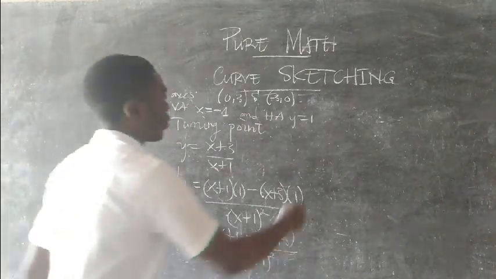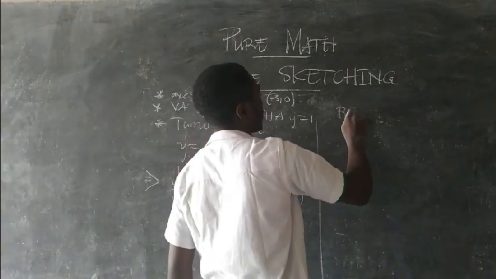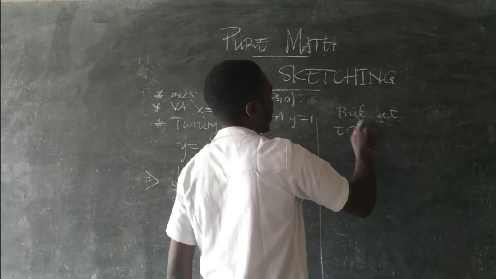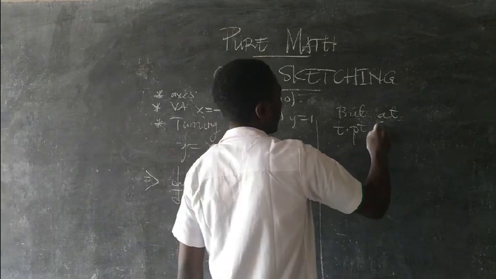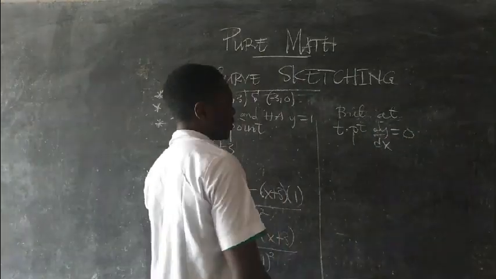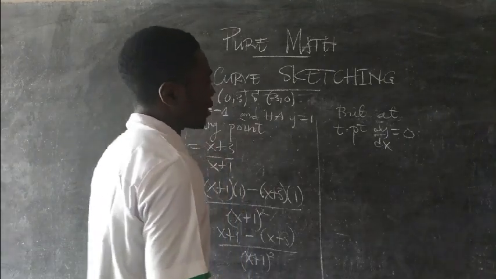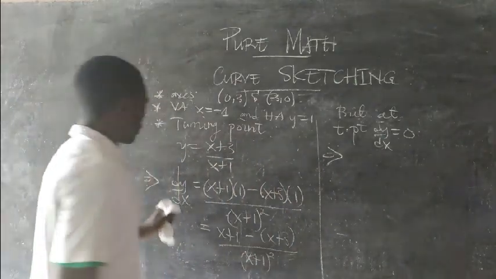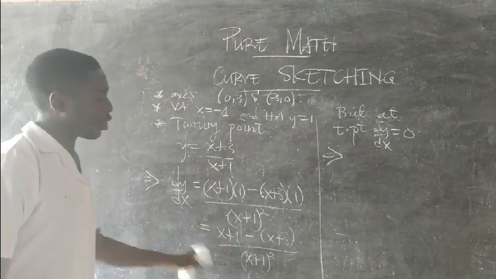Okay, so at the turning point, or stationary point, dy/dx is the gradient, so dy/dx equals 0. Now since dy/dx is equal to 0, if you put 0 in the place of dy/dx, we cross multiply.